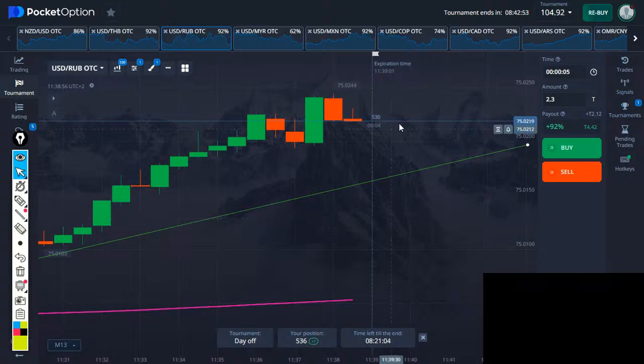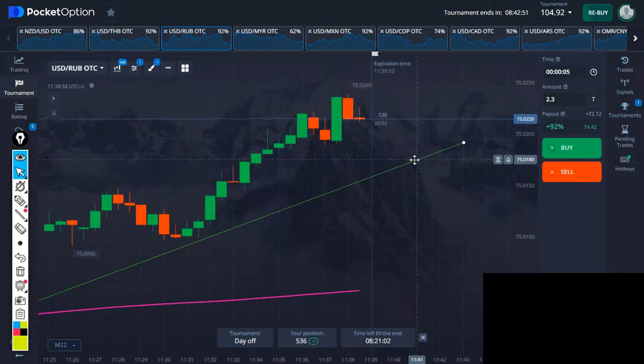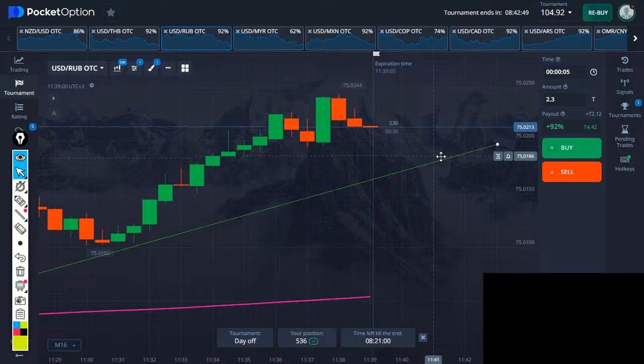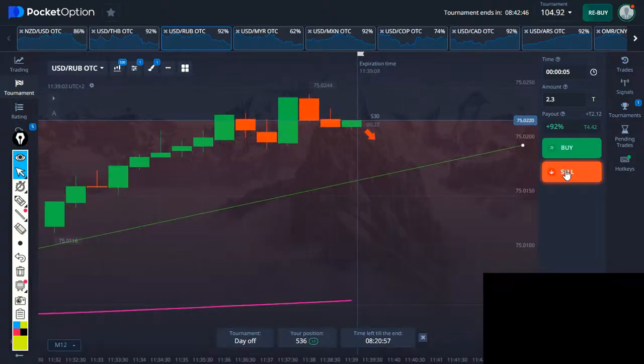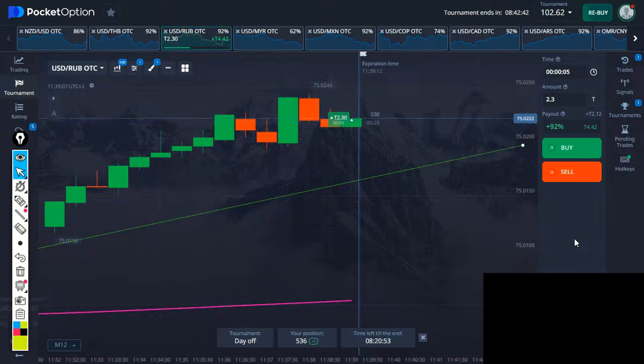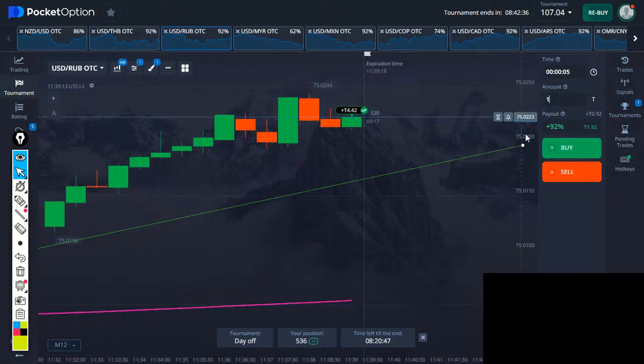We wait for the next bar open. We see we have red, green, go for a buy. We have a win. Very nice. Let's go back to $1 per trade.